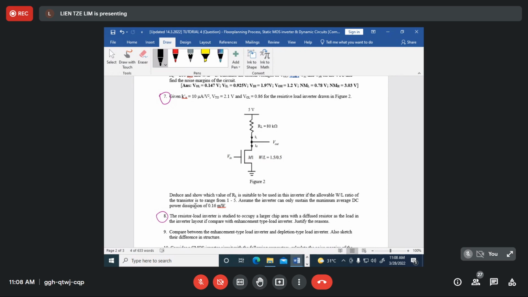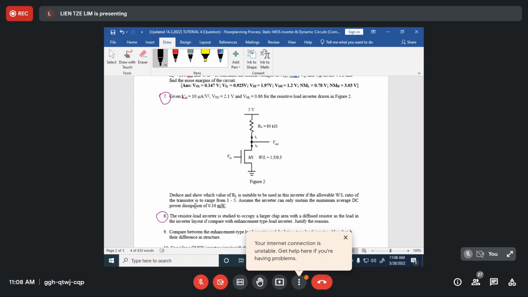Higher RL will occupy more area. This one has larger space. I need to check again because it's easy to mix up things.